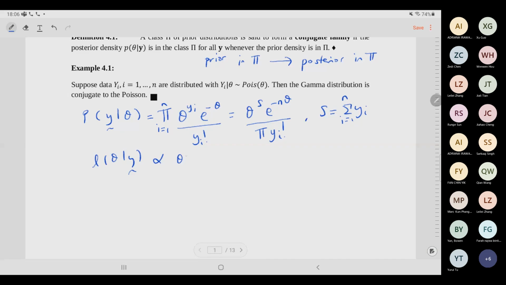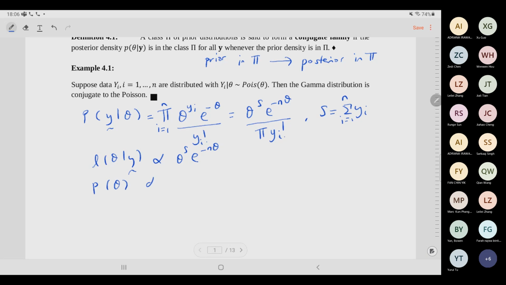Okay, so if you look at the likelihood of theta given y, you can simplify and choose only the terms involving theta, because y is a constant. For the likelihood, y is a constant, right? And then you have your prior. Because gamma is conjugate to Poisson, your prior will be gamma.